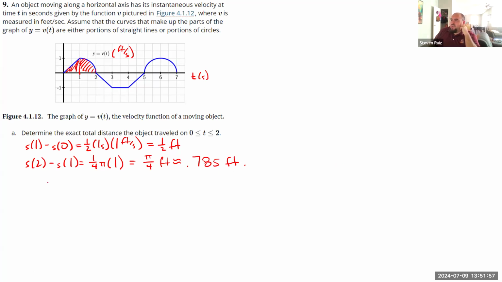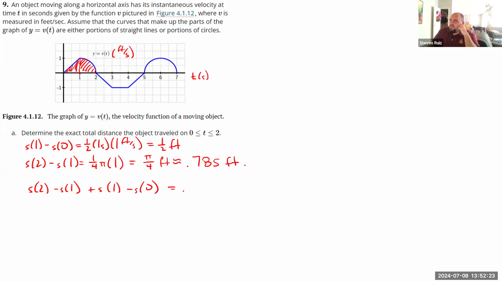So what's the total distance I traveled from S of 0 to S of 2? Oh, sorry, from t equals 0 to t equals 2. So if I add these things together, that'll give me S of 2 minus S of 1 plus S of 1 minus S of 0. These middle terms cancel. So S of 2 minus S of 0 is equal to, actually, let's not do that yet.